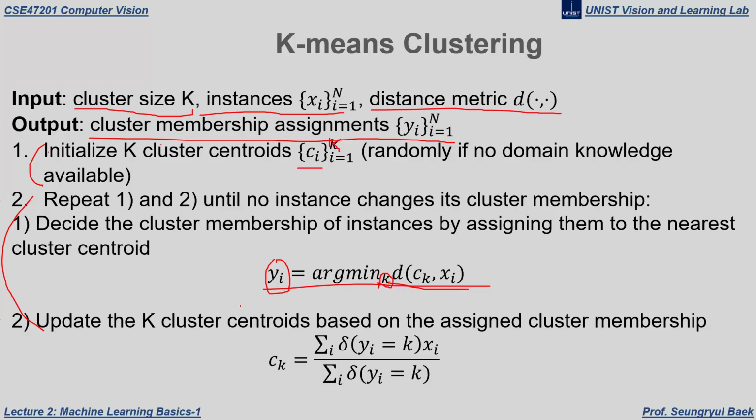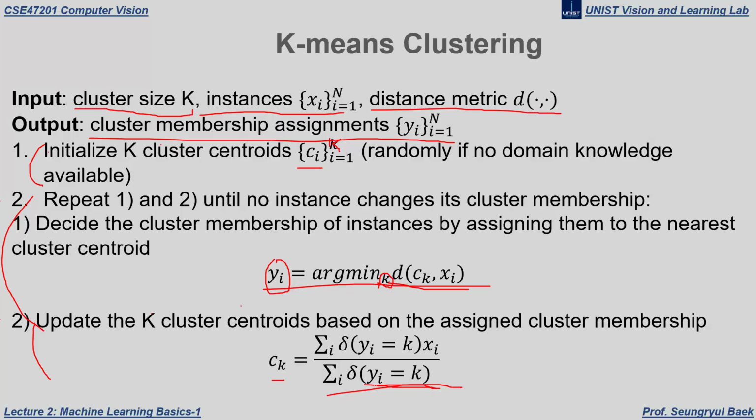And then in the second phase, you will update the centroid. The delta function means that if the statement inside the parentheses is true, then the delta function is 1. Otherwise, the delta function goes to 0.